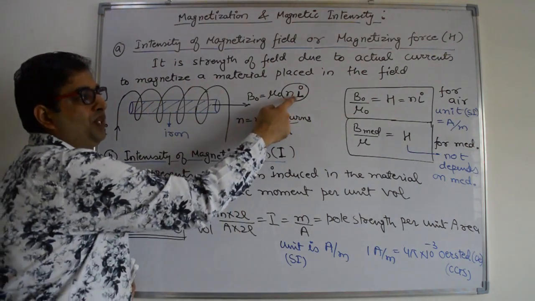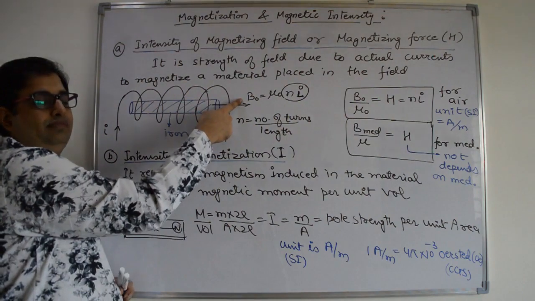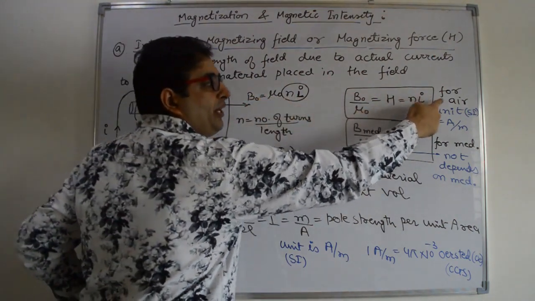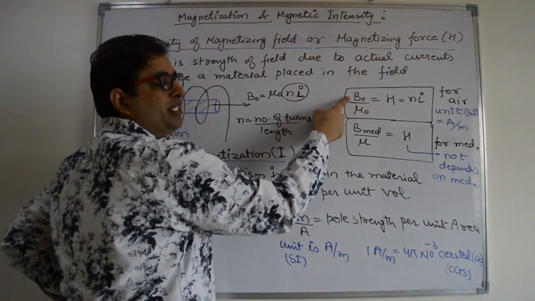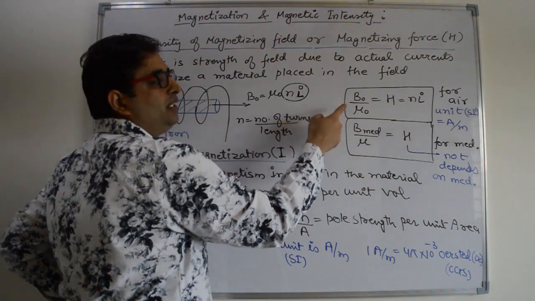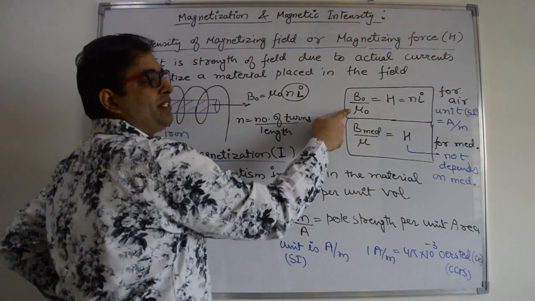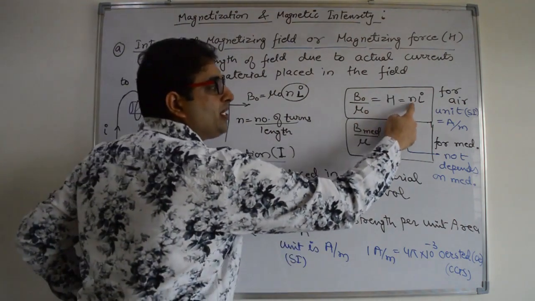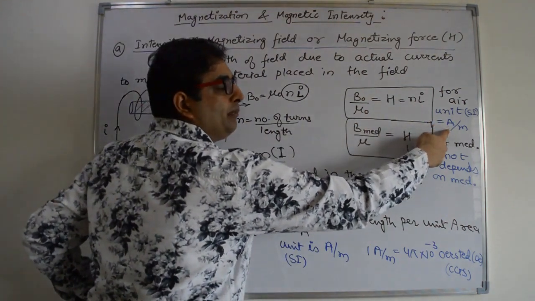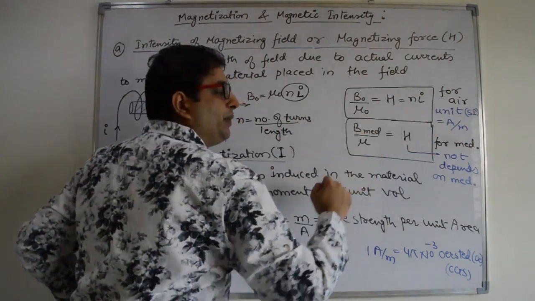So this N into I represents the external magnetic field, and for air its value is B naught divided by mu naught. B naught is the magnetic field in air, mu naught is the permeability of free space, and H is equal to N into I. Its SI unit is ampere per meter.